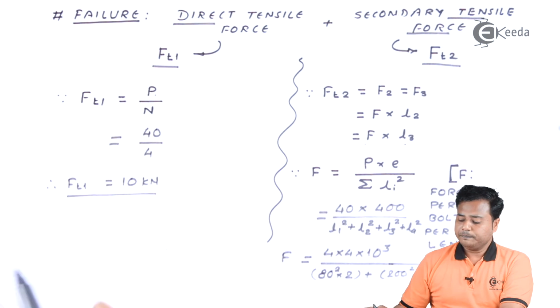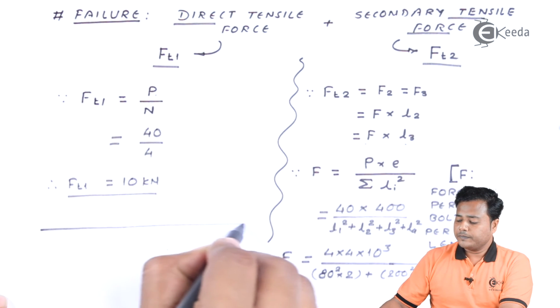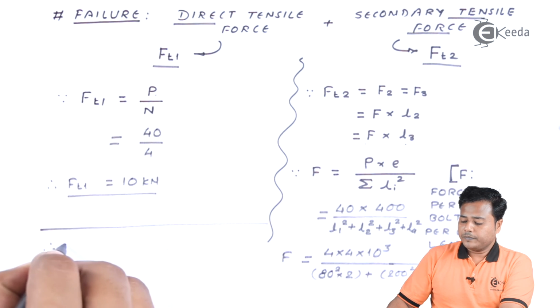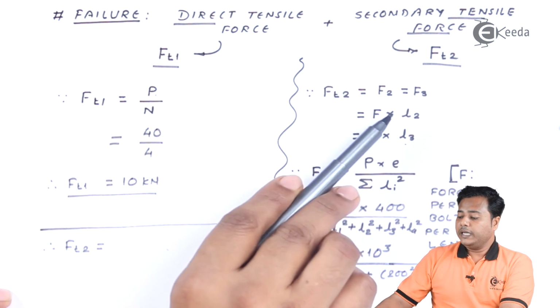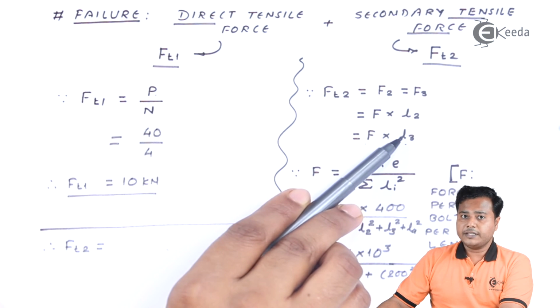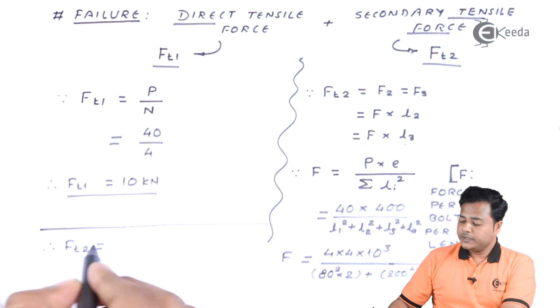Let's solve it here. We know that the maximum length will be L3 in this case, which is 200 millimeter.